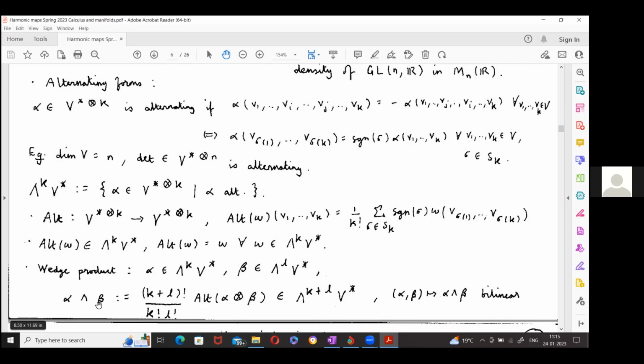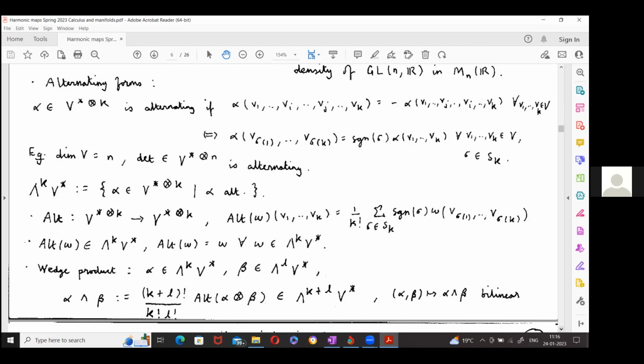So this is defined to be K plus L factorial divided by K factorial L factorial times alt of alpha tensor beta. So note that even though alpha and beta are alternating, the tensor product is not alternating. So to get an alternating form, you have to apply alt to it. Okay. So then that will give you a K plus L alternating form.